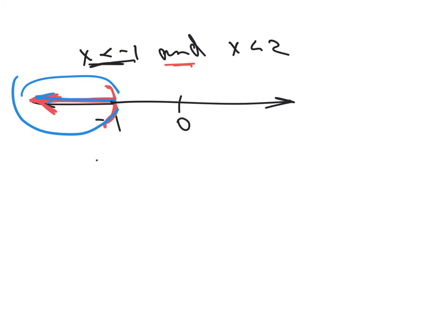And if you were to write this in interval notation, you'd have negative infinity to the left and -1, the furthest point to the right. And again, that is called an open interval because neither endpoint is included.